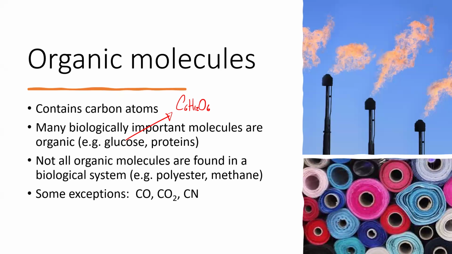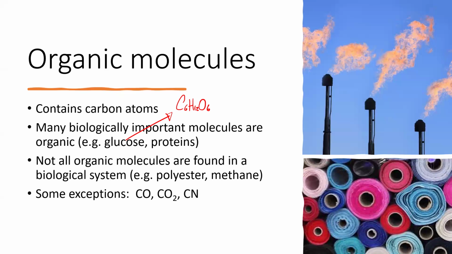There are some exceptions though. CO is carbon monoxide. CO2 is carbon dioxide. You don't have to write that. I'm not going to test you on that. And you will learn them later anyways, if you can. And CN, anybody know what CN is? Poisonous, in spy movies, they hide it in their teeth and then they would bite down into it if they get caught.